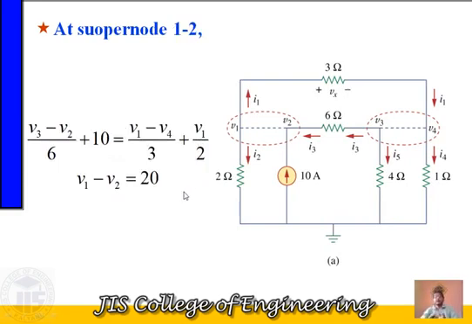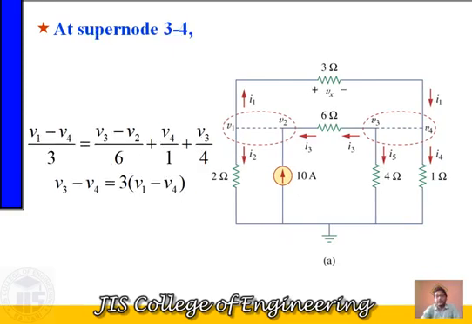So we have two super nodes, and for each super node we get two different equations. In total we have four equations and four variables, V1, V2, V3 and V4. By solving these four equations you can easily find the values of V1, V2, V3 and V4. Okay, thank you.